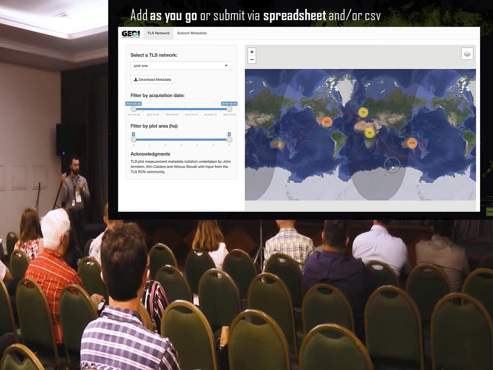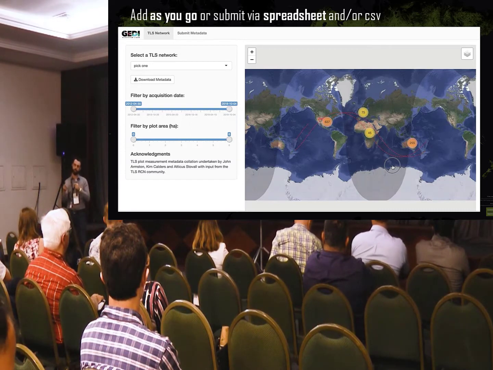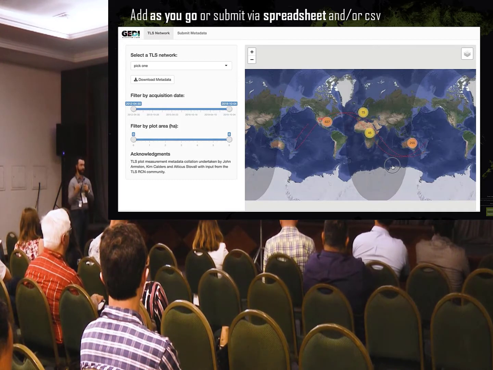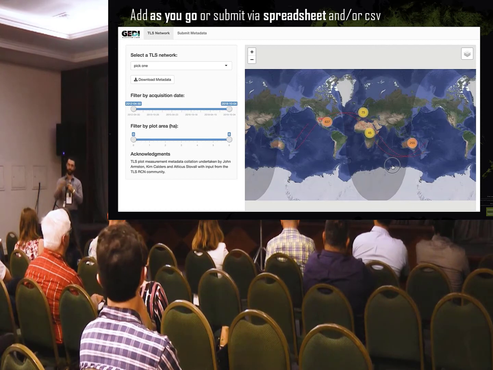When you scan a single location over and over again, it comes out with this pretty sweet spiral pattern. You can select each one of these individual TLS acquisitions and get a suite of information that can help you understand exactly what is out there and what you can potentially do with it. That way you can basically add your data to the map so others know what's out there.